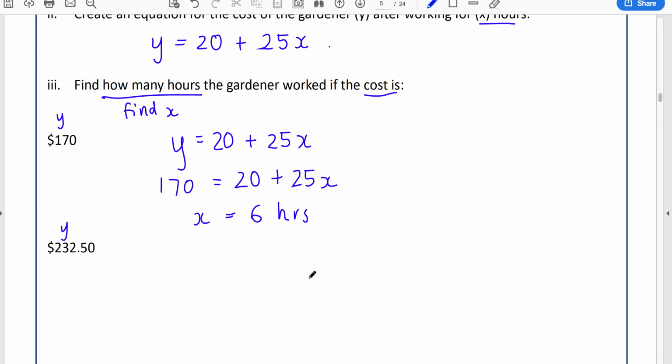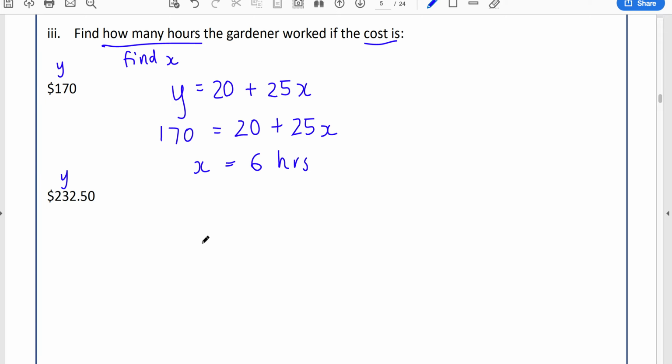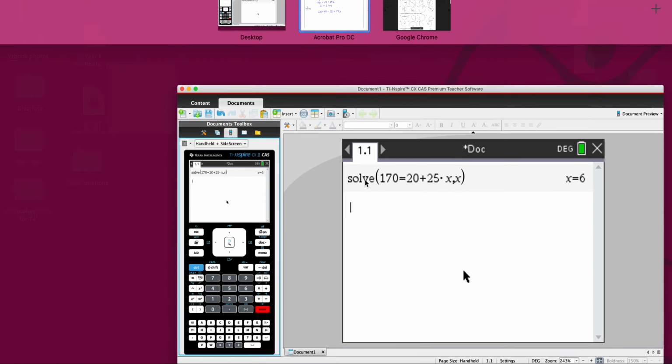And finally, last one, we're going to do exactly the same thing, but this time we've got this cost. Considering it's got 0.5 there, I'm thinking already we probably have not a whole hour, maybe half of an hour with our answer here. Let's check. So 232.5.